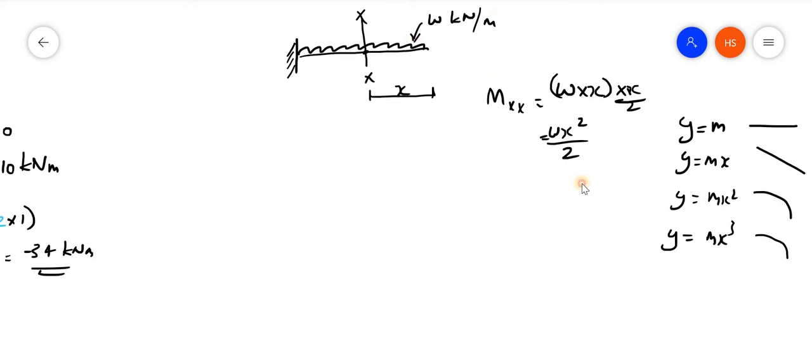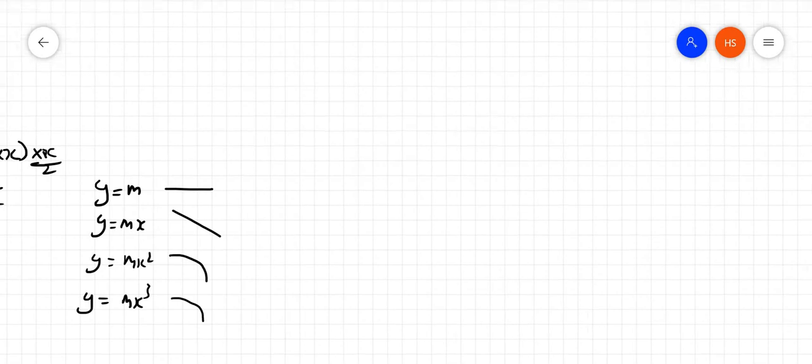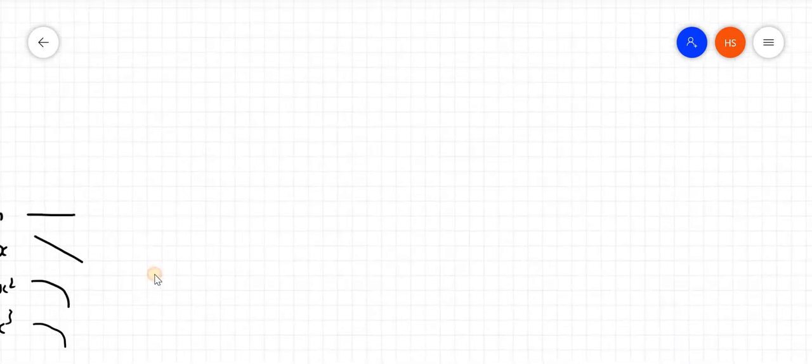Okay. Now let us do one complete problem, so that you will understand the complete essence of this topic. So consider a beam like this. Here I am having loads.